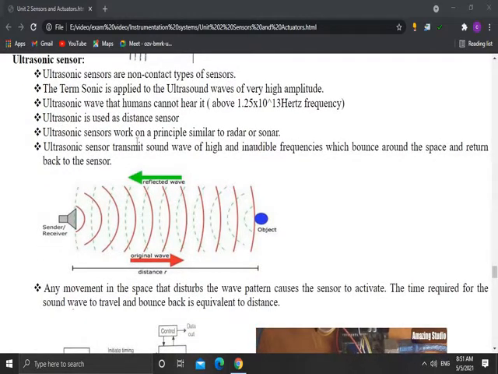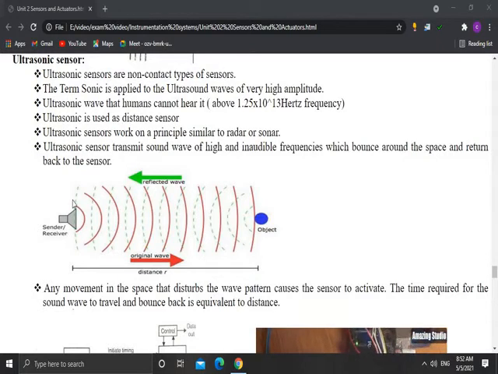The ultrasonic sensor works on a principle similar to radar or sonar. So it works like the radar or sonar technology installed in army ships. The ultrasonic sensor transmits sound waves of high and inaudible frequency which bounce around the space and return back to the sensor.